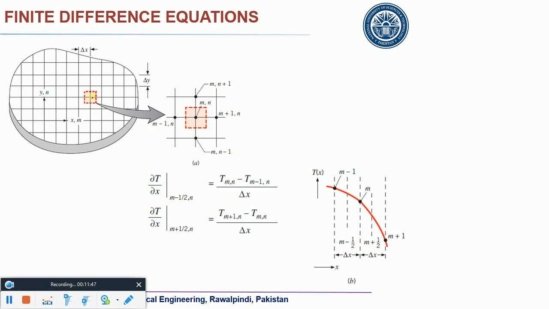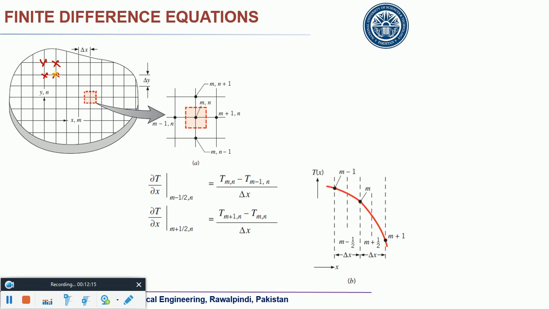So what you have seen is, you have divided the whole surface into small rectangles, okay? And those rectangles, those vertical and horizontal lines, they have few intersection points. These are the intersection points. Can you see that? Now these intersection points are the points where we are going to find out the temperature.